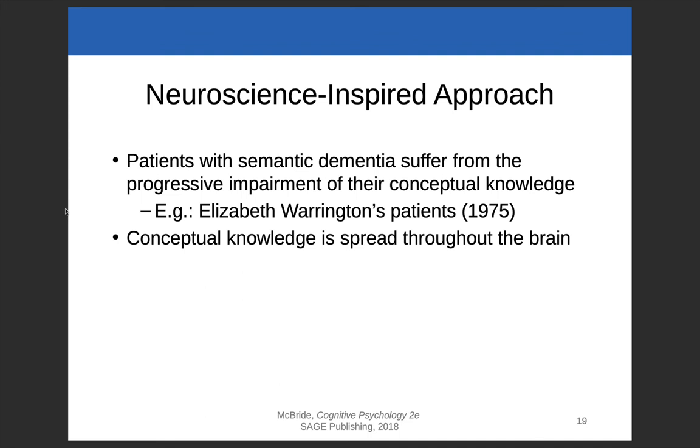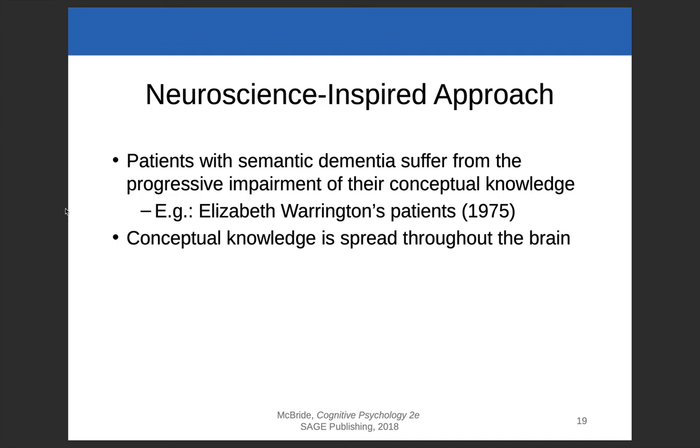I don't get the idea that we know what part of the brain different features are computed in, because we don't. One thing that we do know is that conceptual knowledge is widely stored throughout the brain, in multiple regions. There are some cases where patients do suffer a deficit of particular types of conceptual knowledge.